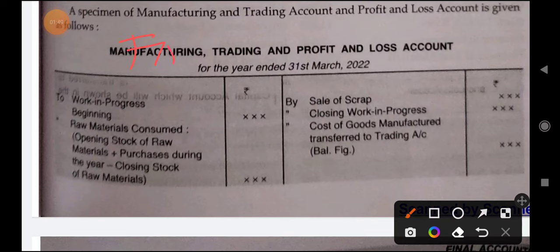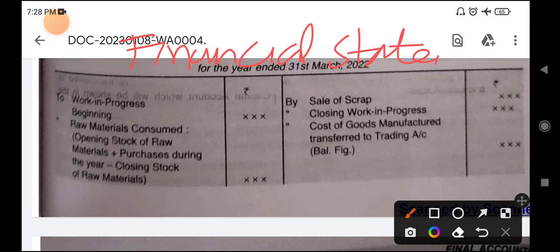Financial statements are nothing but the manufacturing account, trading account, profit and loss account, and balance sheet.